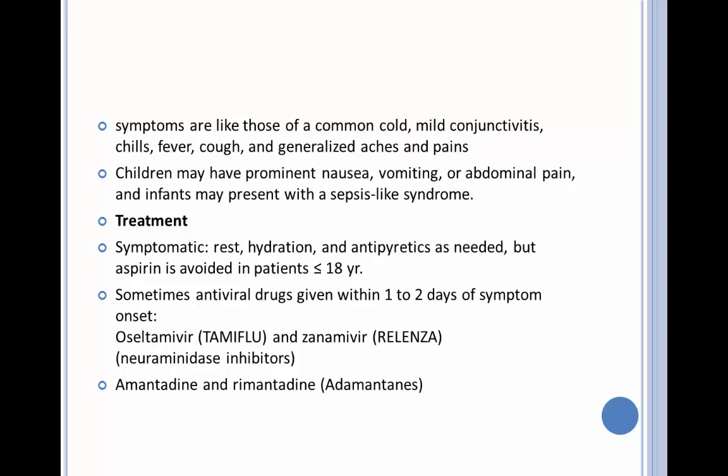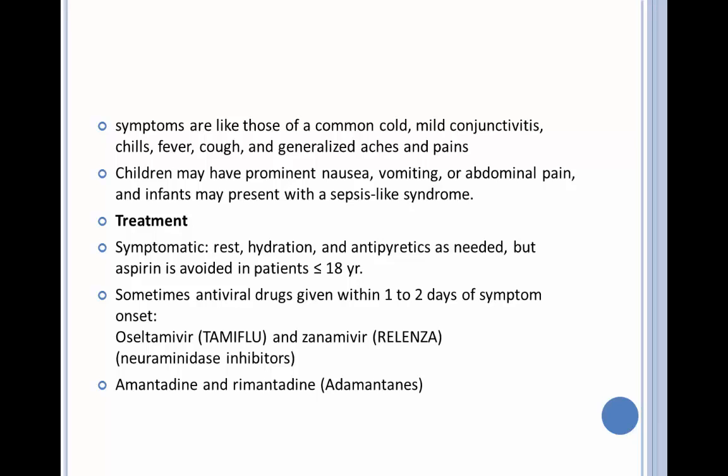For influenza, an antiviral could be given, and the choices are oseltamivir, Tamiflu, or zanamivir, Relenza. Those are neuraminidase inhibitors. Remember that the virus releases that glycoprotein, so if you inhibit that glycoprotein, then the virus is not going to be attaching to the host cell.